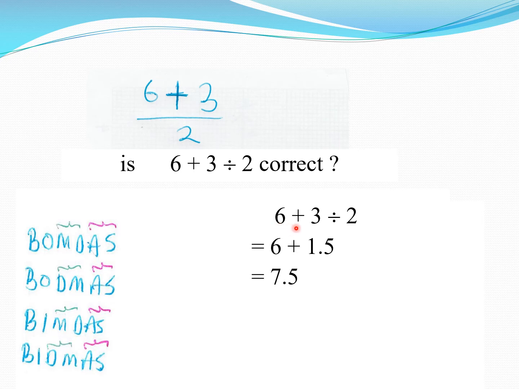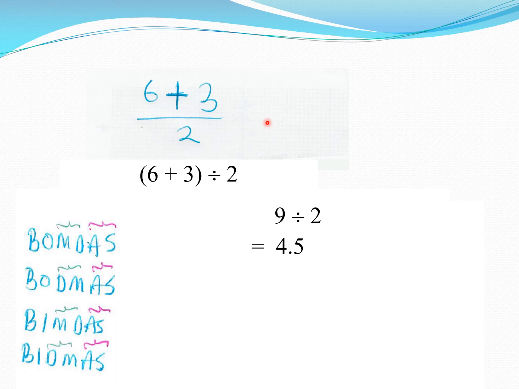Well, we will get 6 plus 3 divided by 2. We do the division bit first, because divide happens before add. So we get 6 plus 1.5 equals 7.5. But we already know that the answer to this question is 4.5. So that's the point we're illustrating here. You just need to be a little bit careful with fractions and the order of precedence.